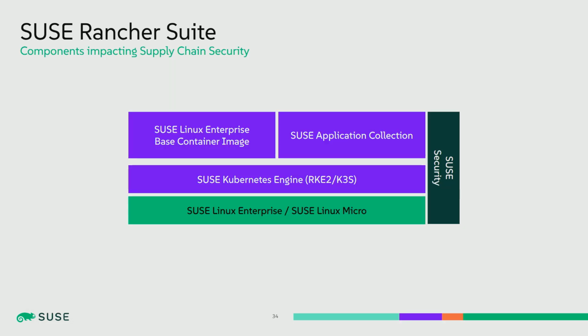So if you look at all the components that we covered during the session, you have the base operating system right there. You have the RKE2 or K3s Kubernetes engine. If you're using RKE2, that's a FIPS compliant, hardened Kubernetes engine, and you can also deploy RKE2 with a CIS profile defined at the time of deployment.